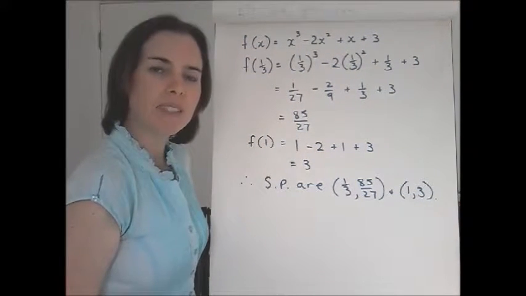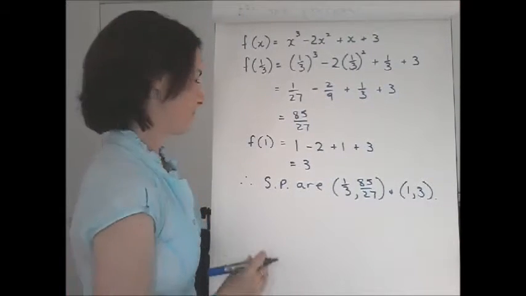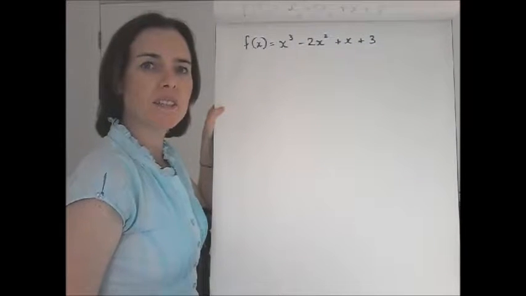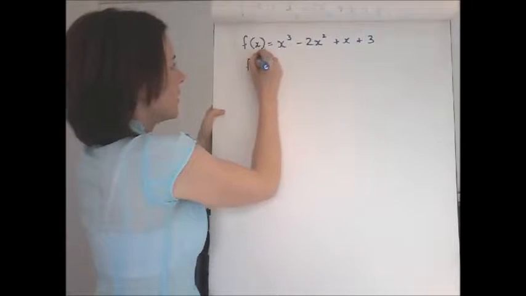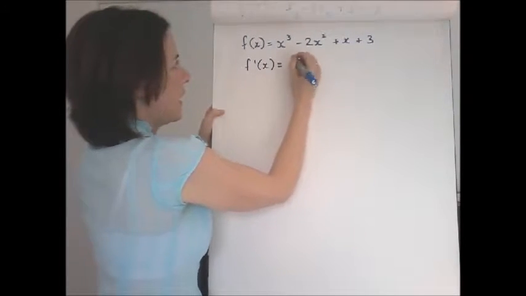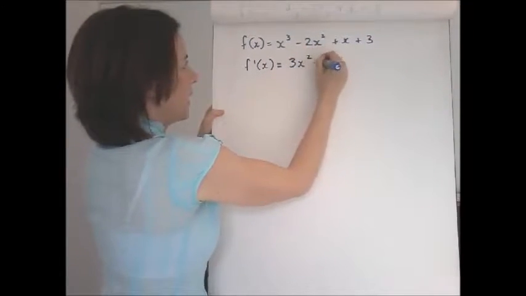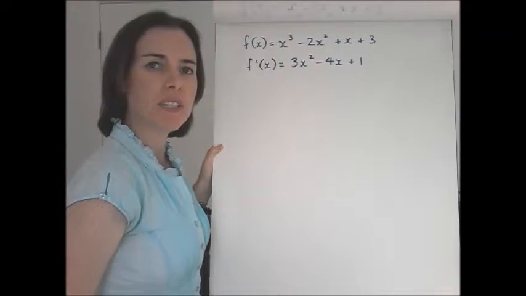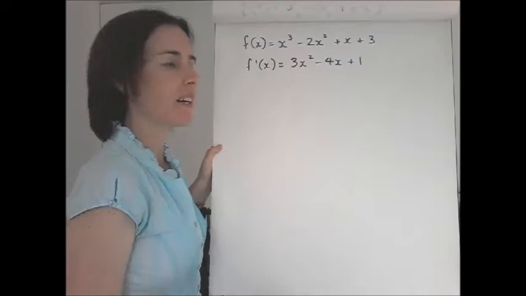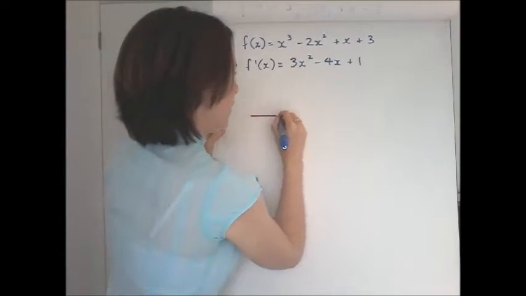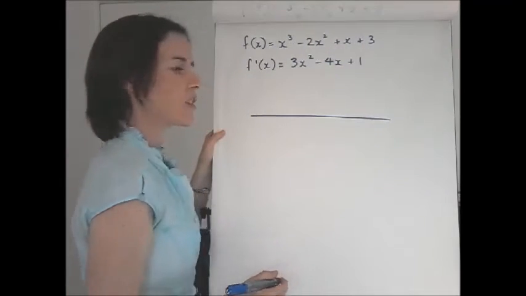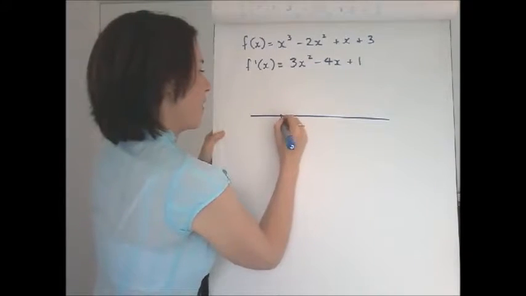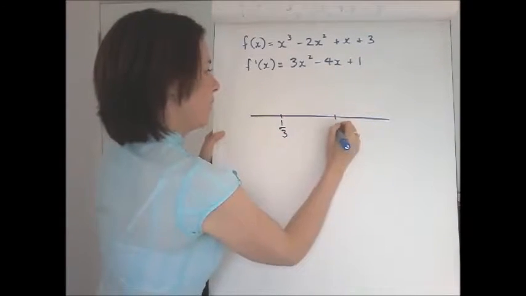So we found them. Now we need to state their nature. So here's the original function. We'll go back to its derivative, and that was 3x squared take 4x plus 1. And using that derivative, we need to create a sign diagram. So I draw a line, and the 2 points of interest are 1/3 and 1.